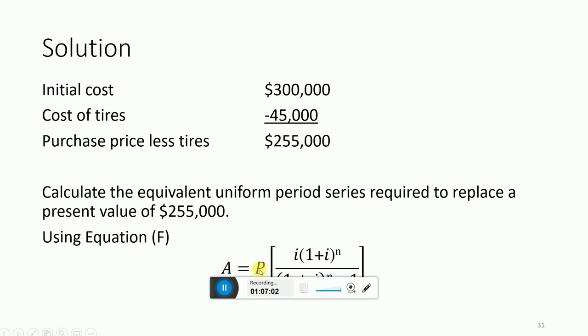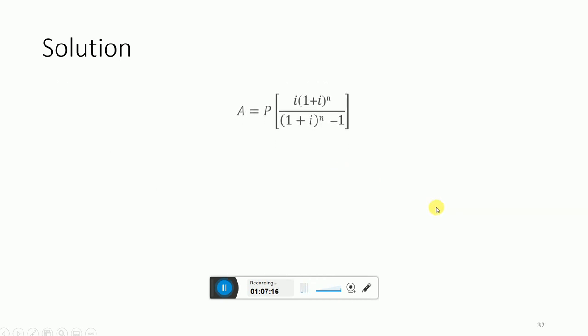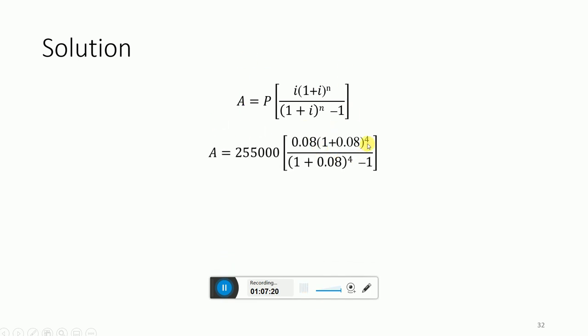So this P is going to be 255,000. The I, we already know that it is 0.08 or 8%. So we just have to put values in this formula. In this formula we have to put the values as the N is 4, because it is for the 4 years, continuously for the 4 years.